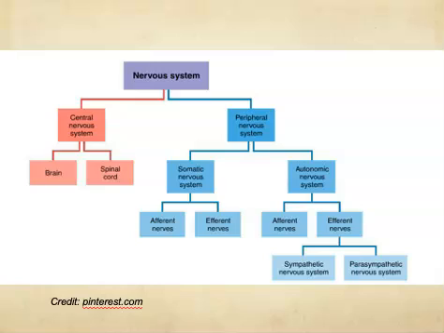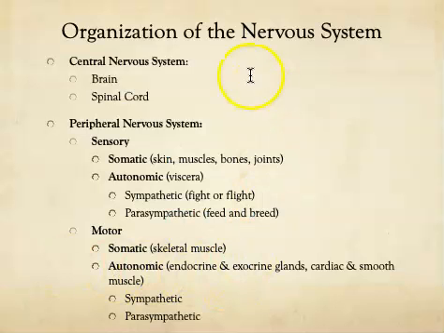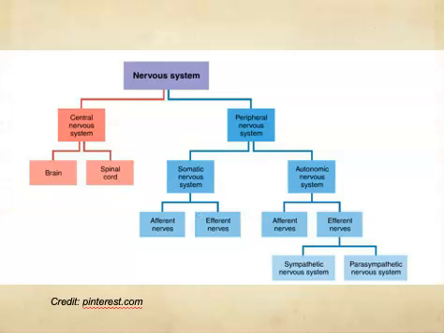So, if you were to draw this information out as a chart, it would look slightly different from this chart. But the actual information would be the same. It's just a slightly different way of describing this breakdown.